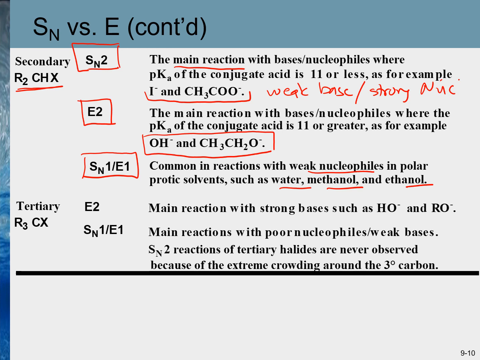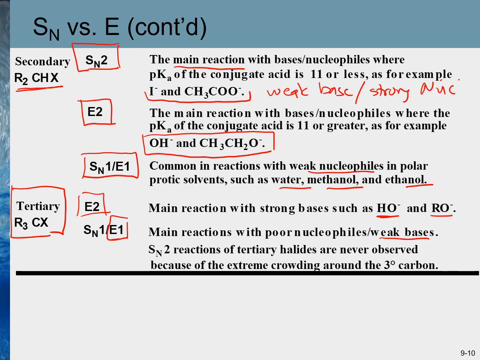If we use a tertiary haloalkane, then E2 will be the main reaction if we use a strong base such as hydroxide or alkoxide. But if we use a weak base which is a poor nucleophile, then E1 will be the main reaction.